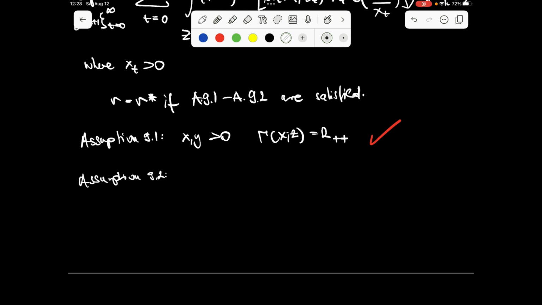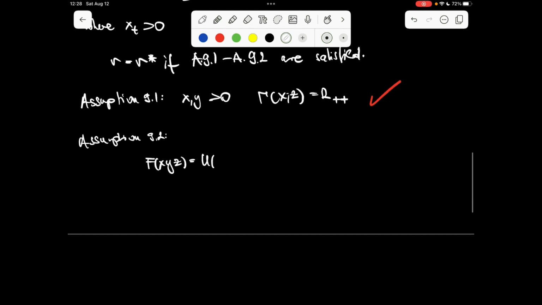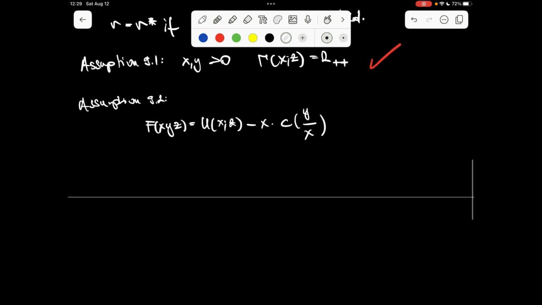Assumption 9.2, let's describe the one period return function in this way, where u is a utility function specified as the area under the demand function for the market.